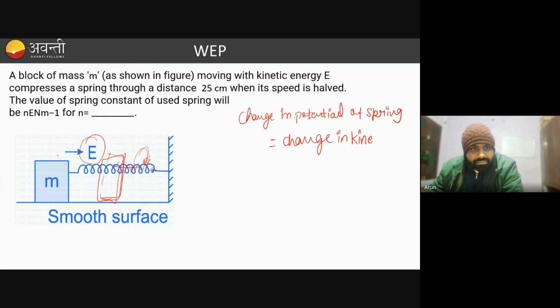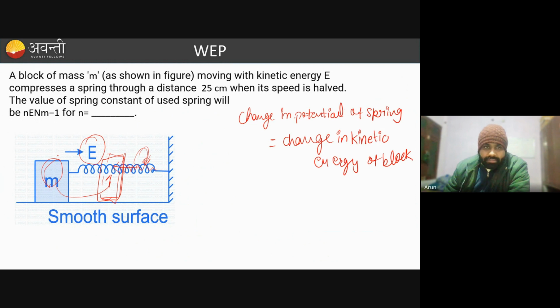Whatever the change in kinetic energy of this mass block has occurred, the same is imparted to the spring to compress it. So change in the kinetic energy of the block. Initially the extension or the compression in the spring is zero. Finally, it has been compressed by a length of x, which is given as 25 centimeter. So we can say it is 1 by 2 times k into 0.25 square.